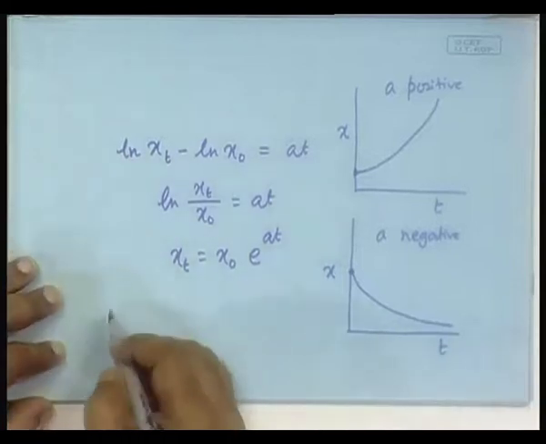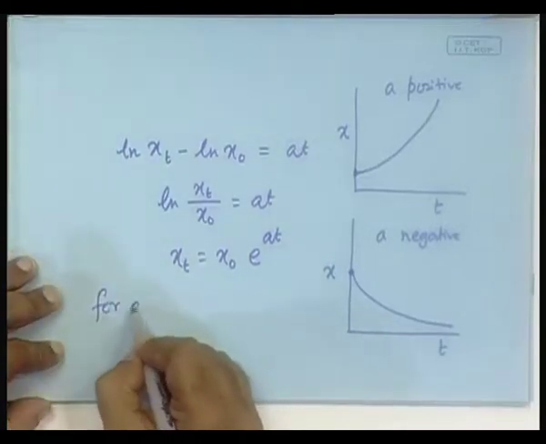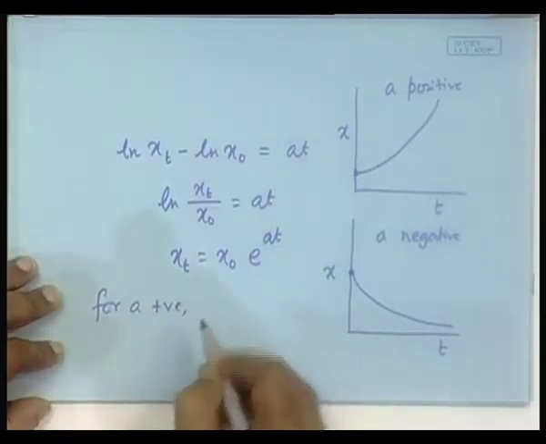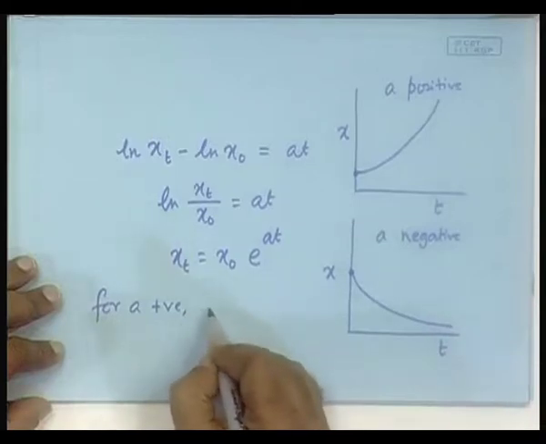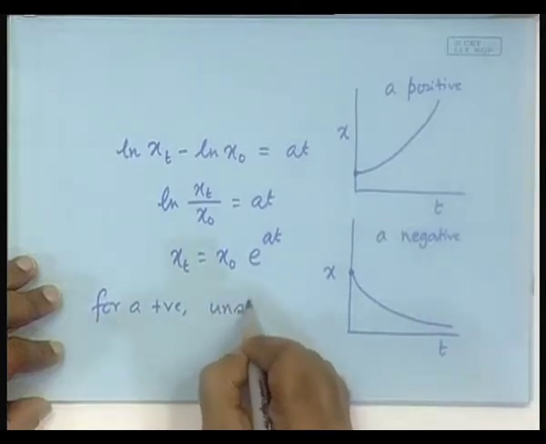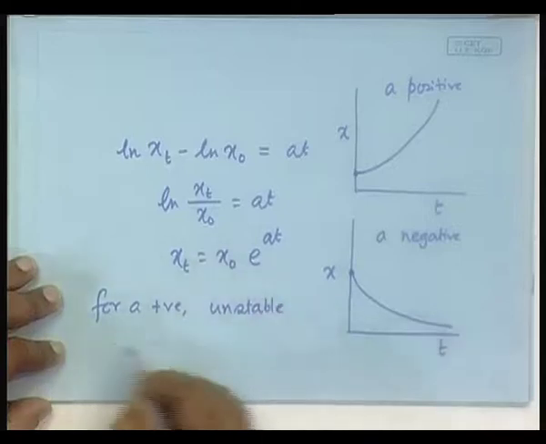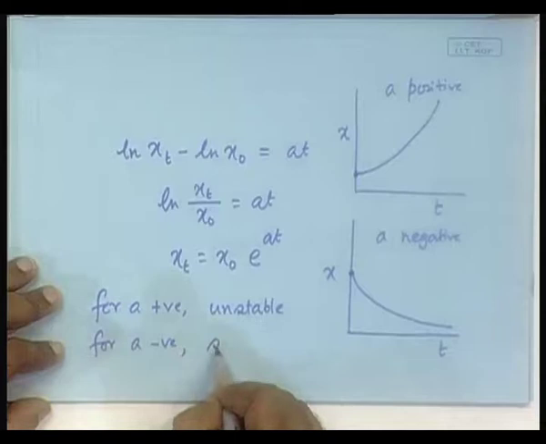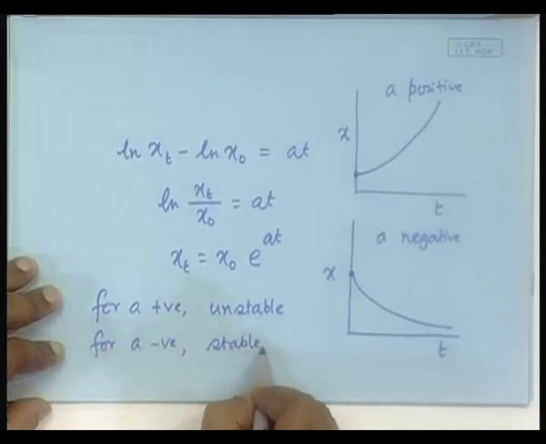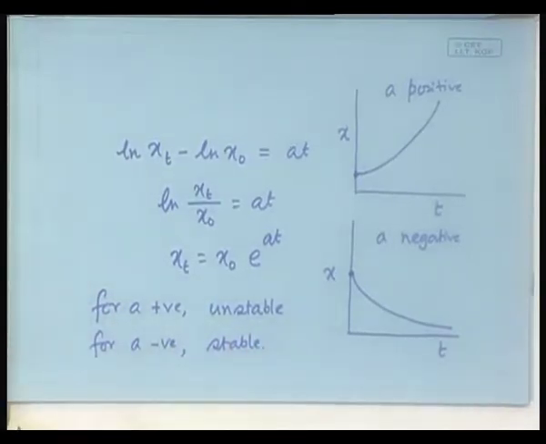So, which means that for A positive, that is unstable, and for A negative, stable.